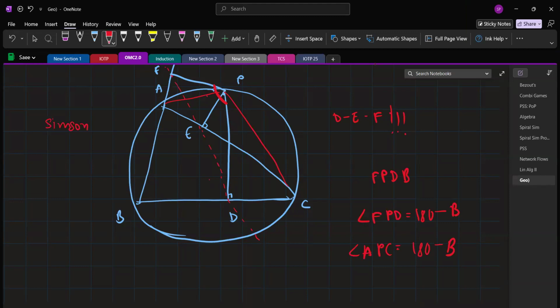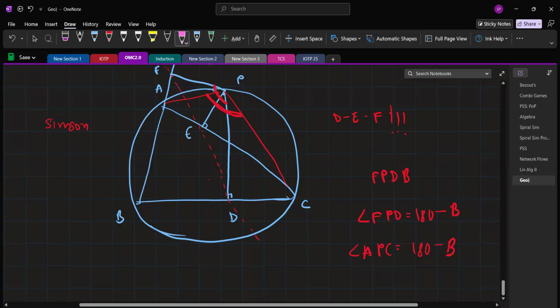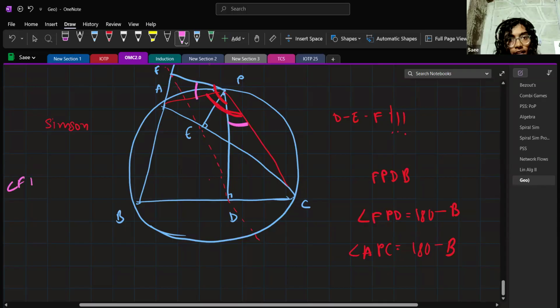Then if we subtract angle ABD, then FPA will be equal to DPC. Yes, so if we subtract this common angle, we will see that this is equal to this. So angle FPA is equal to angle DPC.